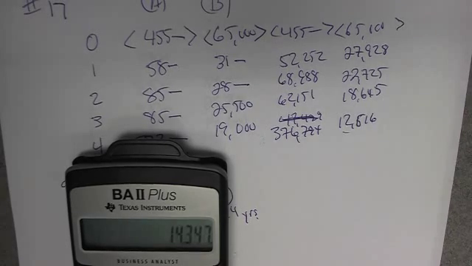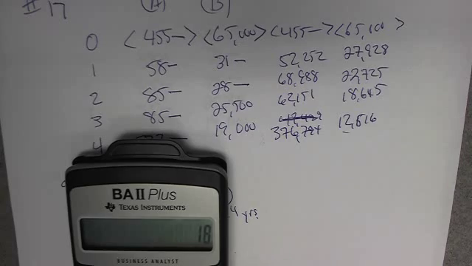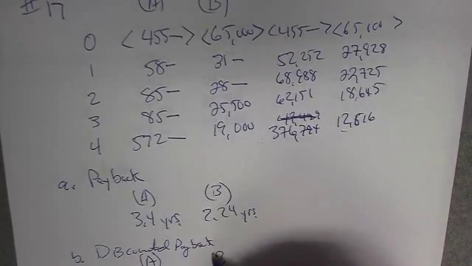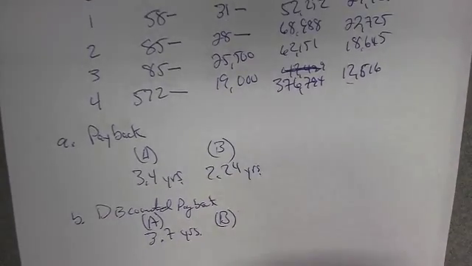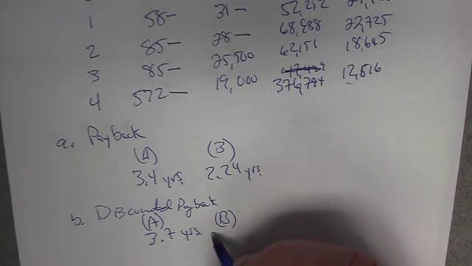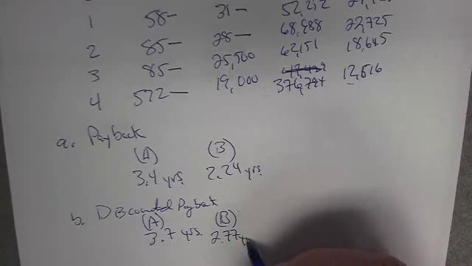That gives us 14,347. So we're going to go past that in the third year. So divide this by the third year's cash inflow, 18,645, and we get 2.77 years.